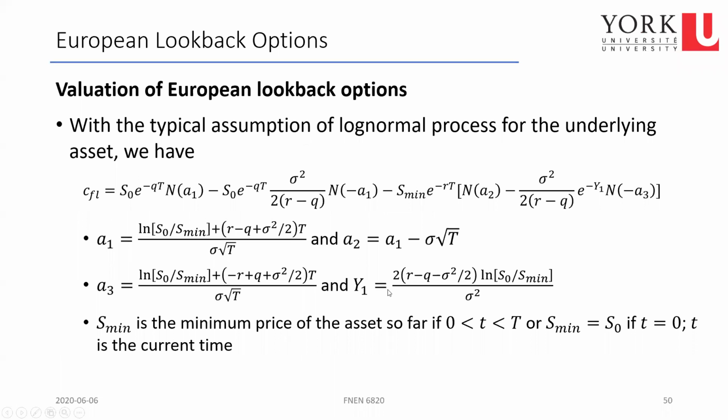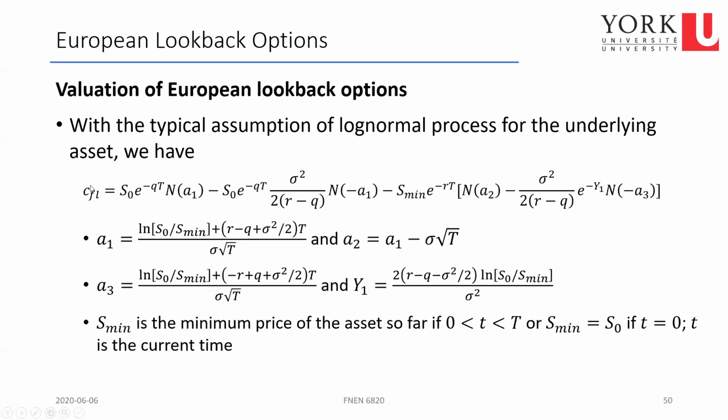Now I'm not going to go into a lot of detail, but if you've assumed the stock itself follows a lognormal process, then there's a process that you can deduce for S-max and S-min, and therefore you can derive a closed-form solution for European look-back options.